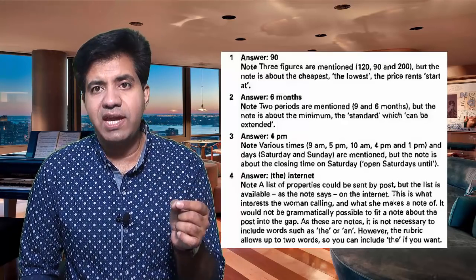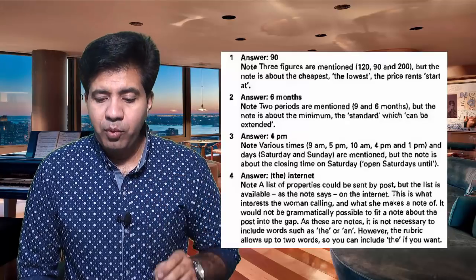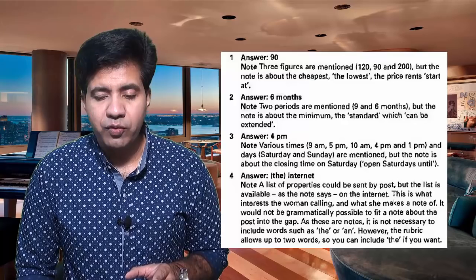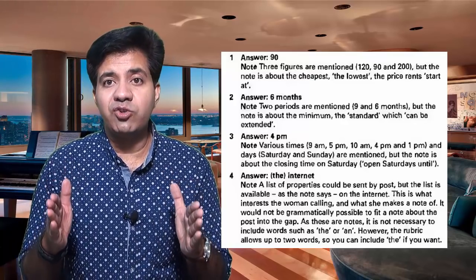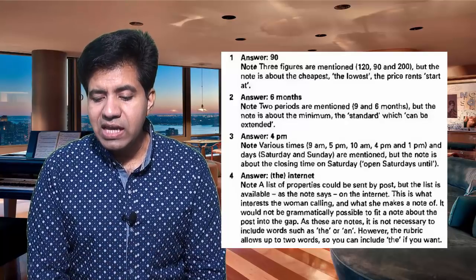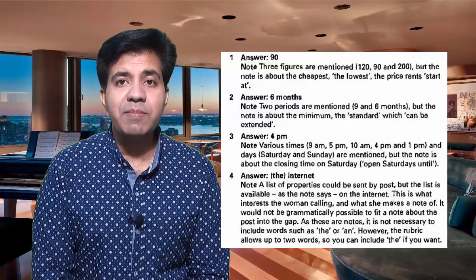Now you write internet or you write the internet, both ways it is correct. However, the rubric allows up to 2 words. Rubric means the question instructions. They allow up to 2 words. So you can include the if you want. The internet you can say, because it's written in the beginning, no more than 2 words and or a number for each answer. Is that clear?